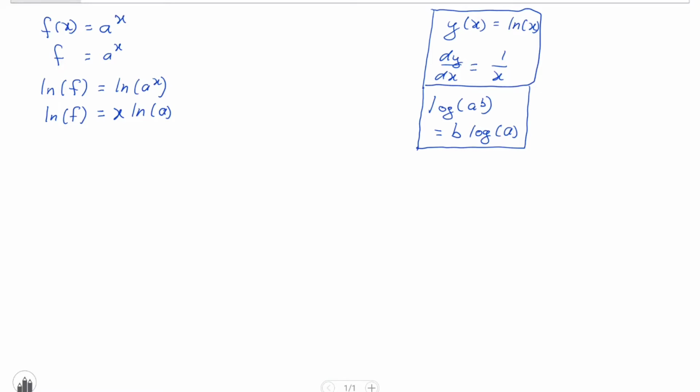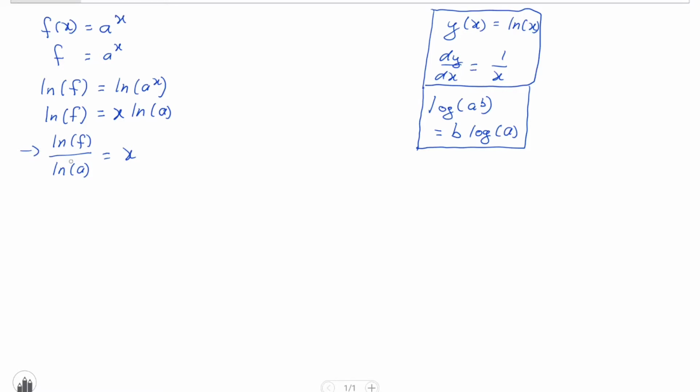Now, from here, we can solve the entire thing for our unknown variable. So we can say all of this is just natural log of f divided by natural log of a. And that is going to be equal to our variable x.